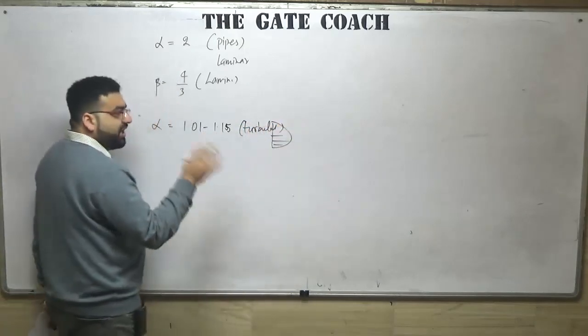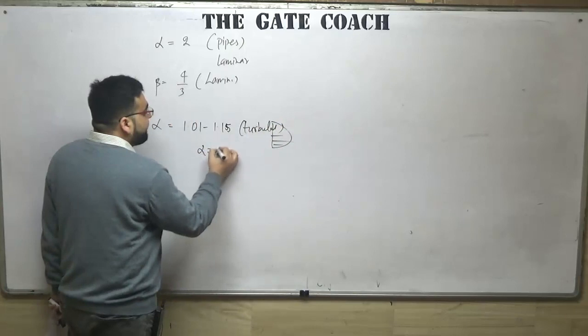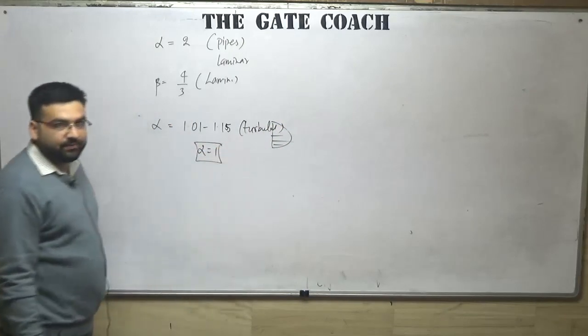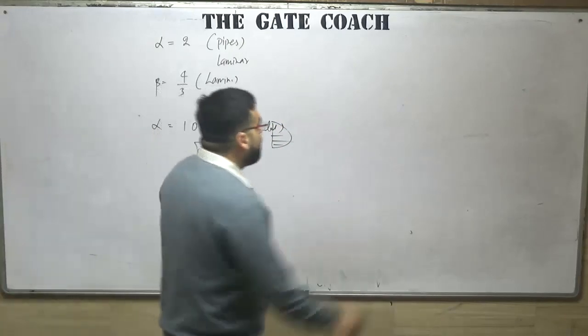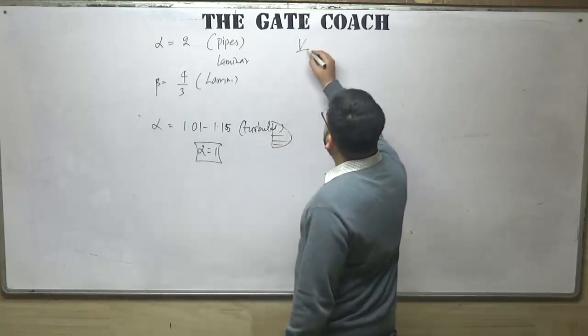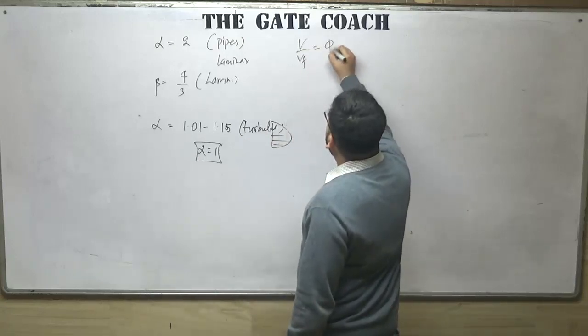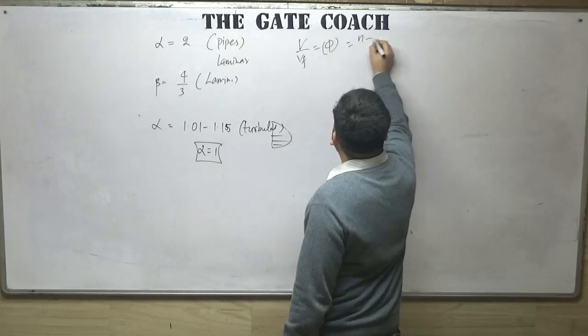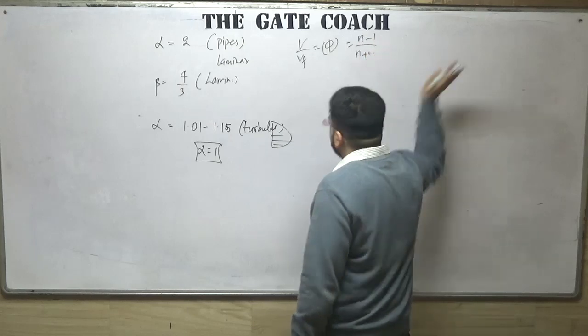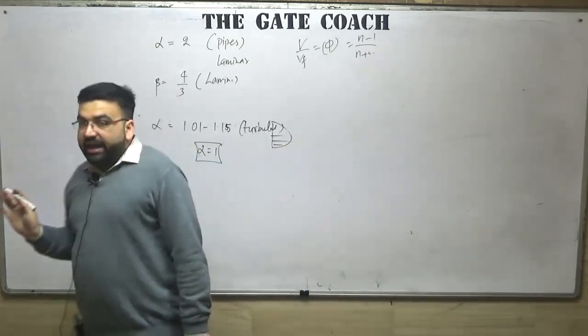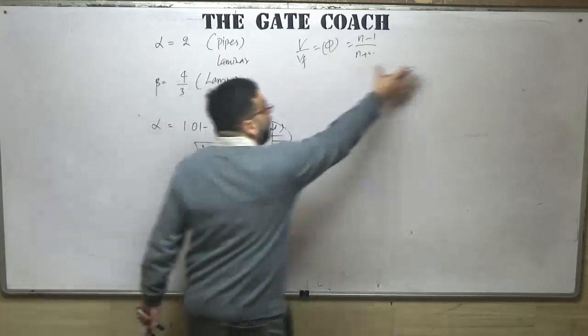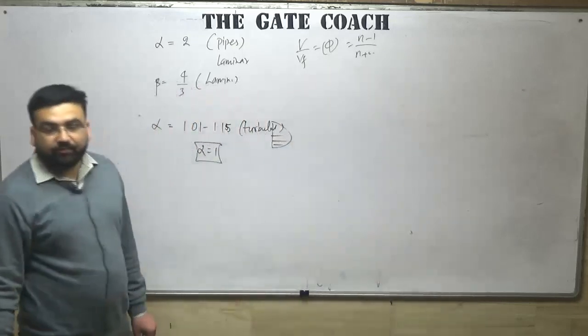And I told you that generally for calculation purposes, we take alpha equal to 1. So in the examination there was a question, some very big velocity profile, V by Vf is equal to 5 raised to the power something, n minus 1 upon n plus 2, something like that. If you fall into the trap of this equation, it will take a lot of time.